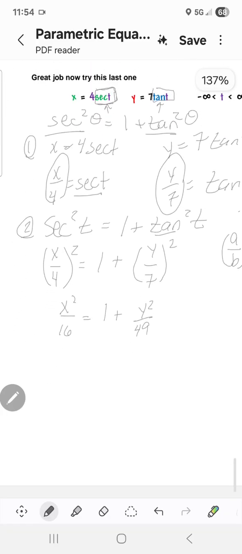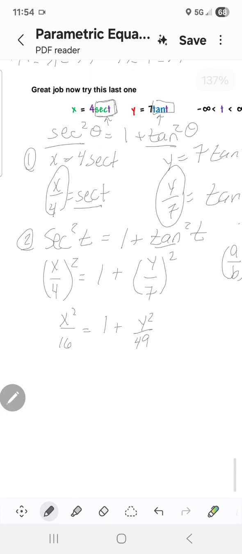Let's get the y on the other side so both variables are on one side. Okay, so what is this? This is not a circle, because they don't have the same denominator. We have two squared variables with a subtraction in the middle equal to 1.